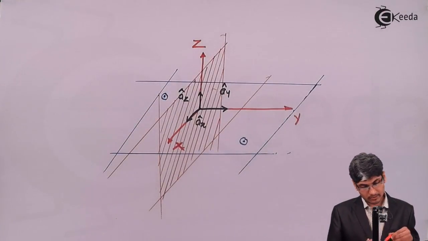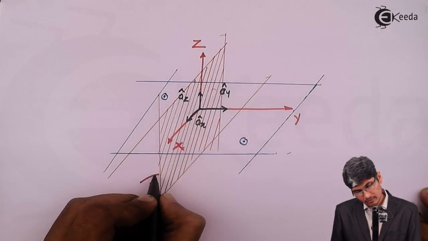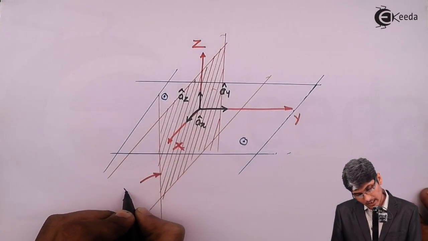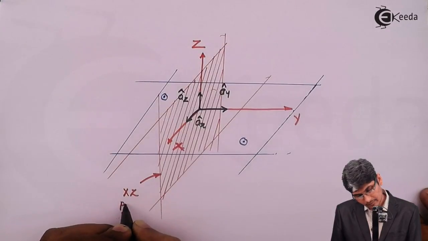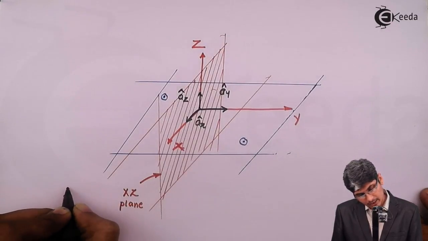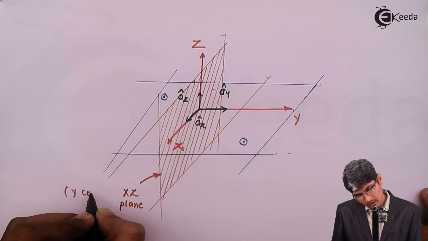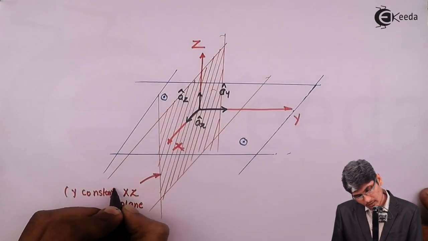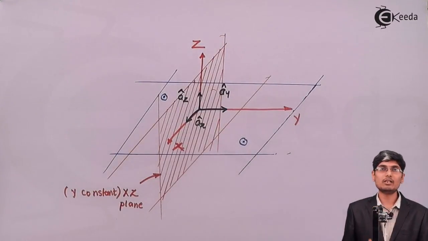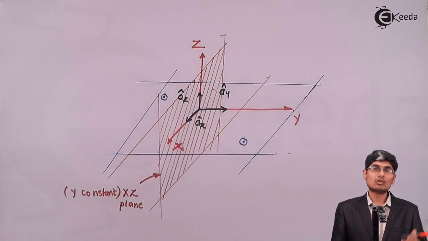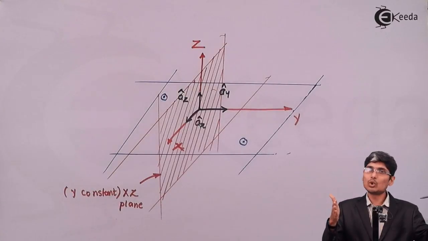This plane which is marked with red is the xz plane. On the xz plane, who will be constant? Y will be constant. For example, you are in a room, and this is wall number 1, and after some distance wall number 2.